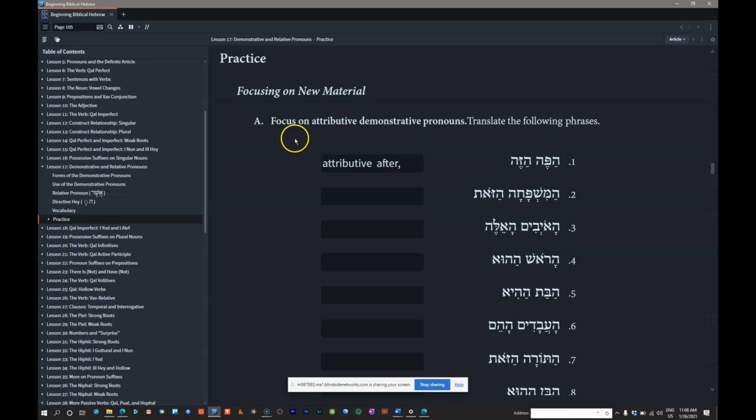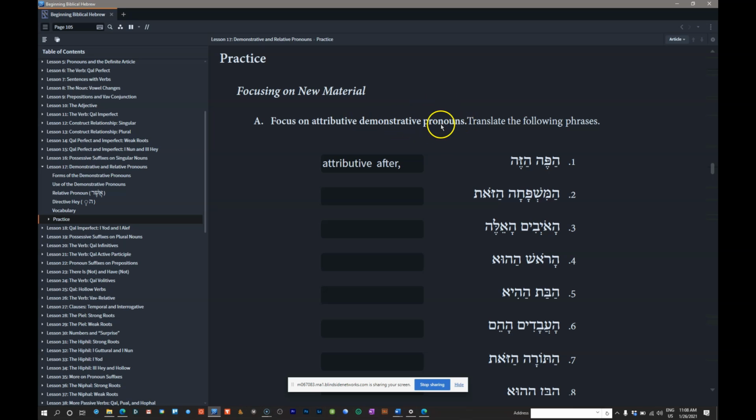Well, here, our demonstrative can function attributively, predicatively, or substantively. And when it functions predicatively or substantively, then technically it's acting as a pronoun. But don't get confused between the terminology of demonstrative adjective versus demonstrative pronoun.